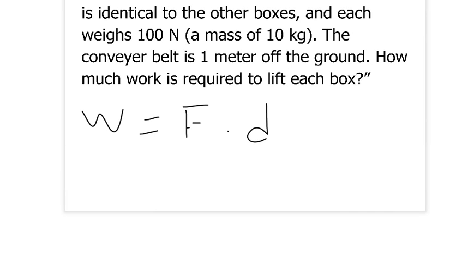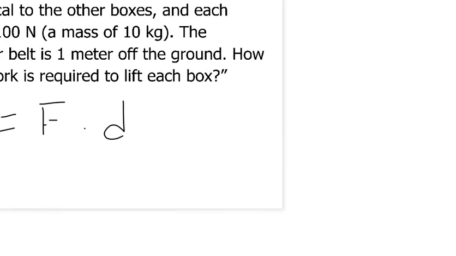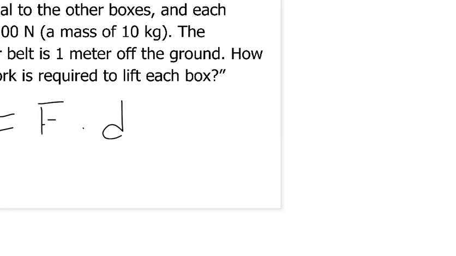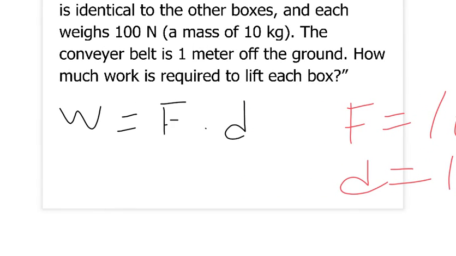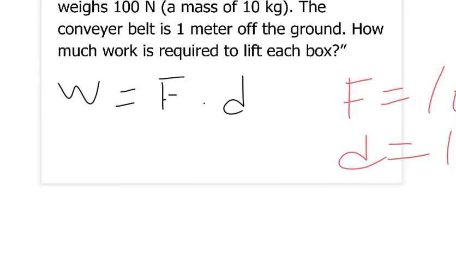So in this case, force is 100 newtons for each box, and the distance is 1 meter. So if we go back over here, work is equal to force times distance. So force, 100 newtons, times the distance, which is 1 meter.